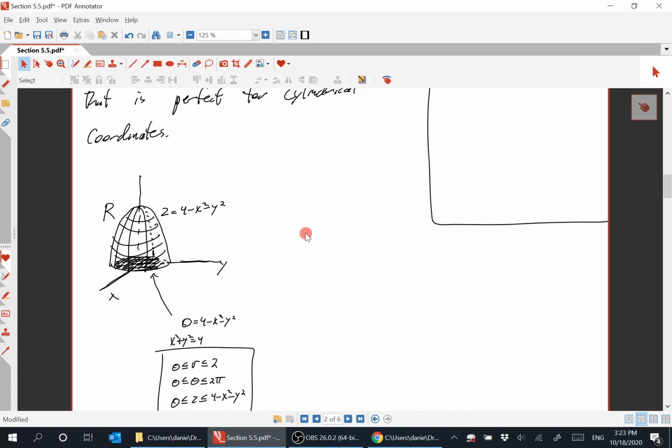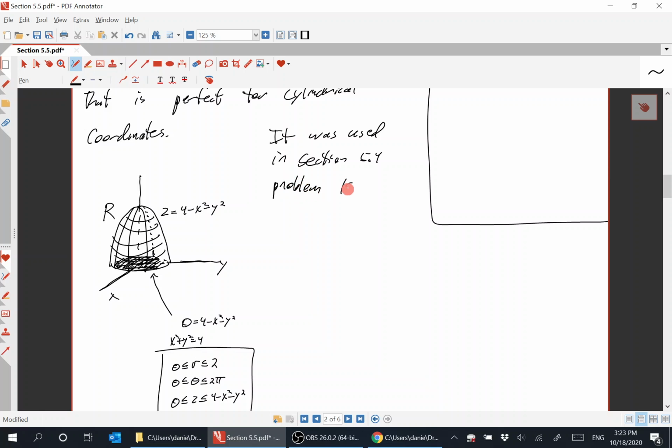It was used in problem 198, section 5.4, problem 198.